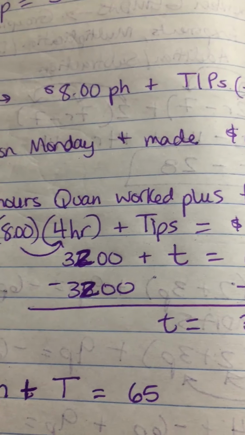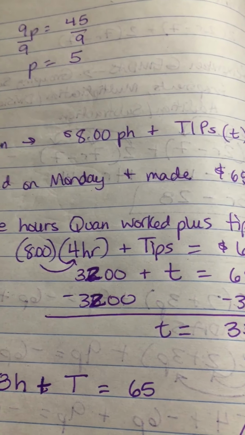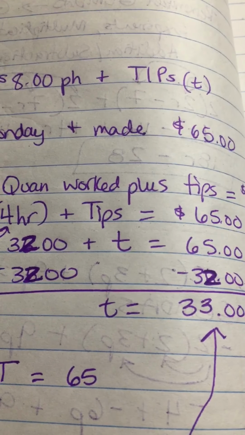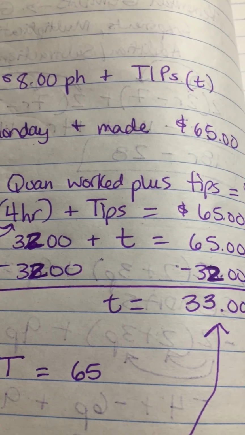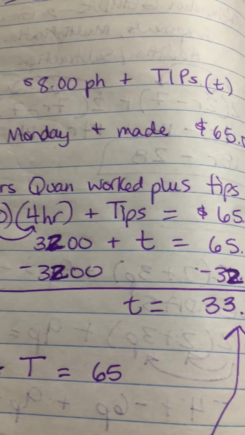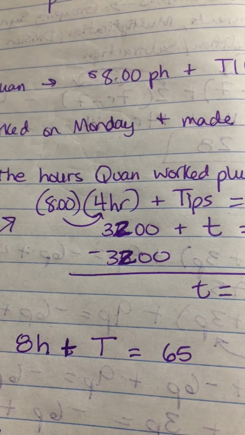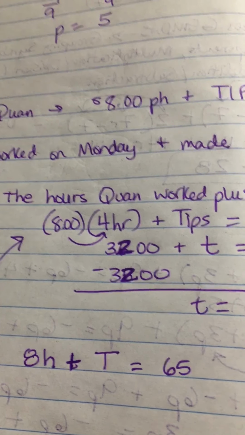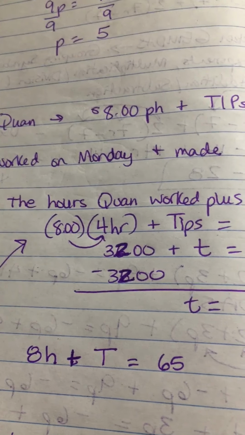So in order to find out the tip, we're going to subtract her base pay from the total. And by doing that, we get a difference of $33. So $33 is actually her tip. We analyzed our word problem and wrote everything down in terms.